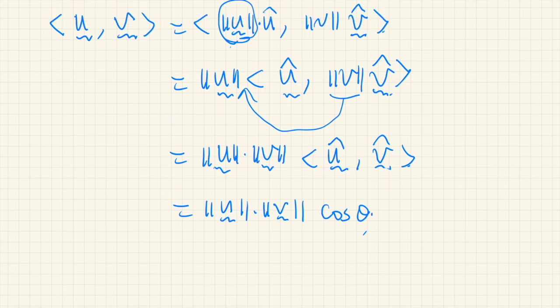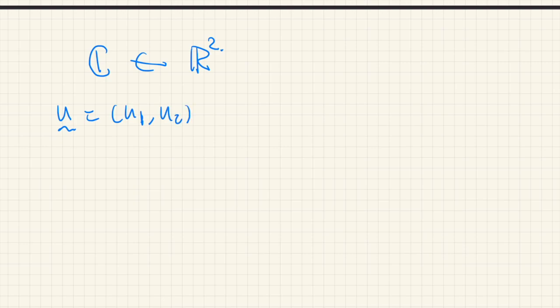Now let's look at this result from a different perspective. If you remember how we constructed the set of complex numbers from the set of pairs of real numbers, then if we have a vector u, u1 and u2, this corresponds to a complex number u1 plus i u2.